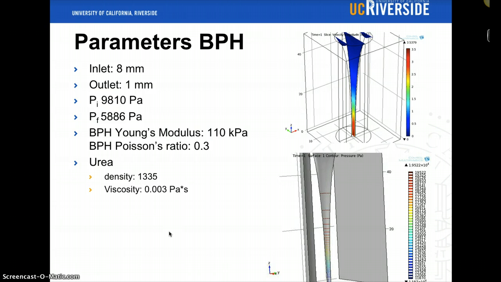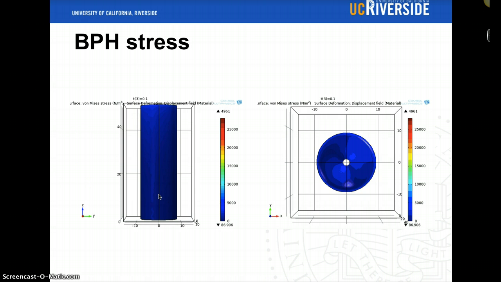The parameters of a person who has this condition are also modeled, and so the inlet is still 8 millimeters and the outlet 1 millimeter. The Young's modulus, however, is a bit changed because of the condition, and the Poisson's ratio remains the same, and the density of urea and viscosity remain the same.